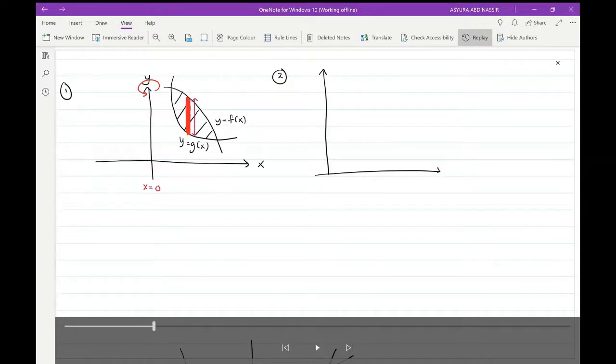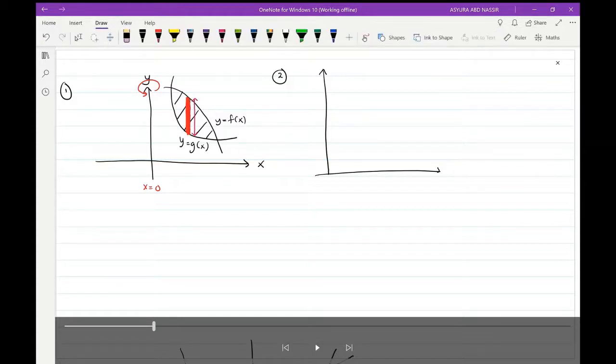Your rotation line is x equals 0. For the cylindrical shell method, the first step is you have to assume that you want to cut a strip parallel to your rotation axis. So this is your strip. The red one is your strip.